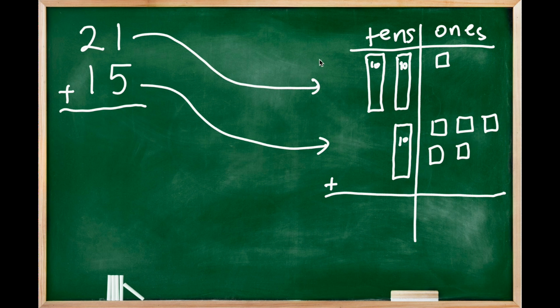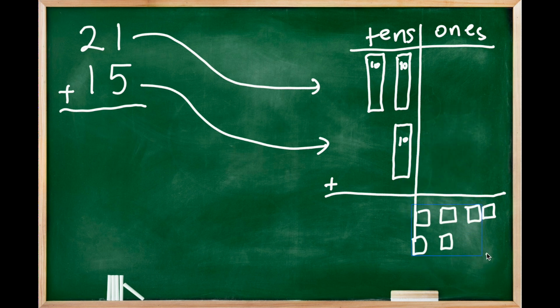So what we do when we do addition, basically we add one place items with the other number's one place items.